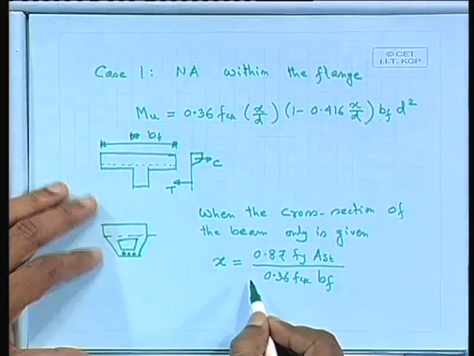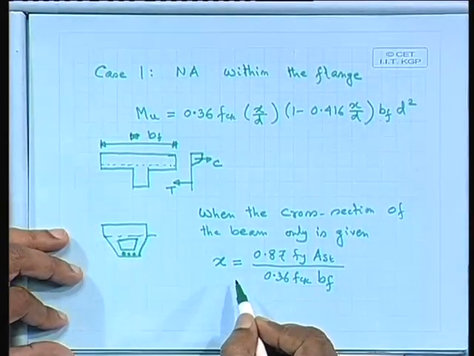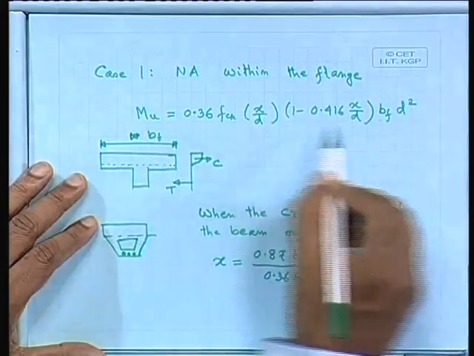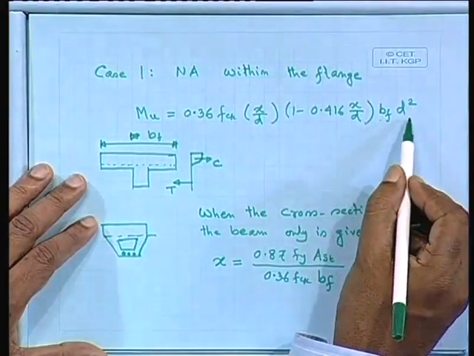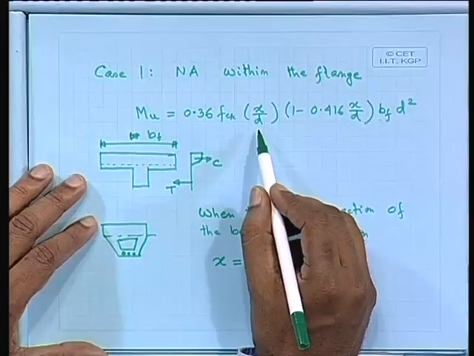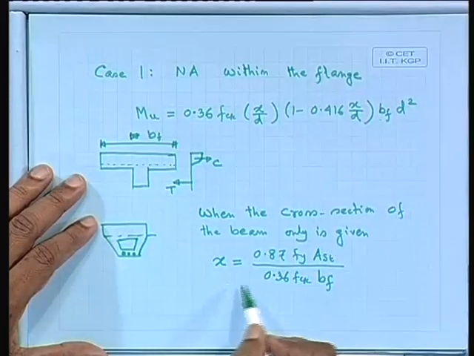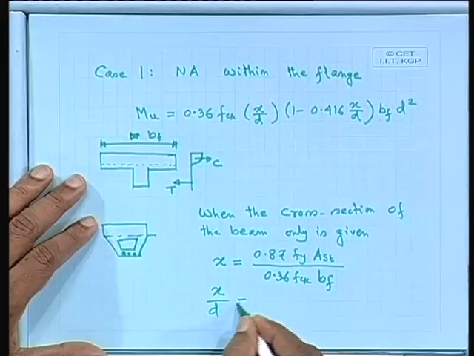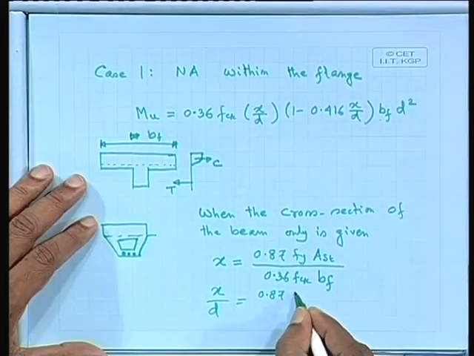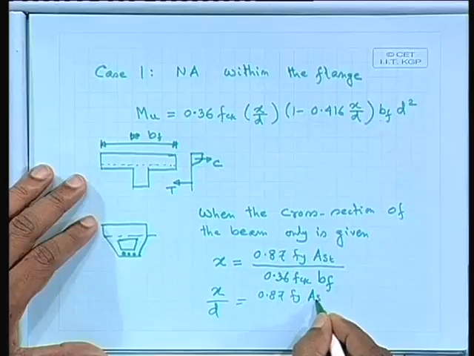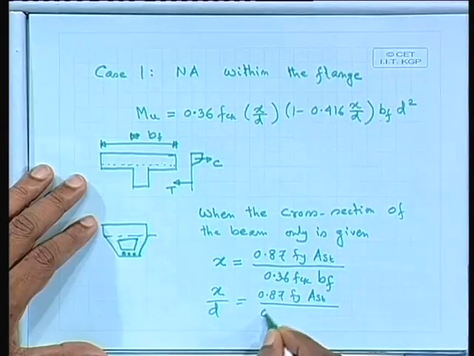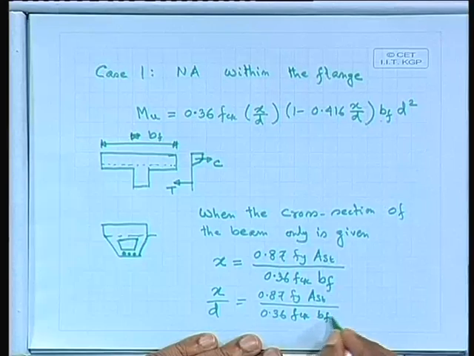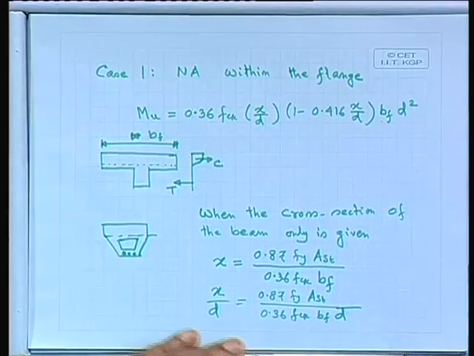So from here also we can find out that x. If only the cross section is given, here moment is given, so from there we can find out x by d. In other way I have to write down x by d equal to 0.87 fy Ast divided by 0.36 fck bf times d.